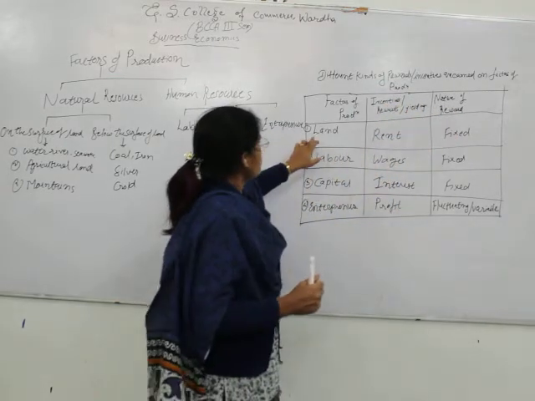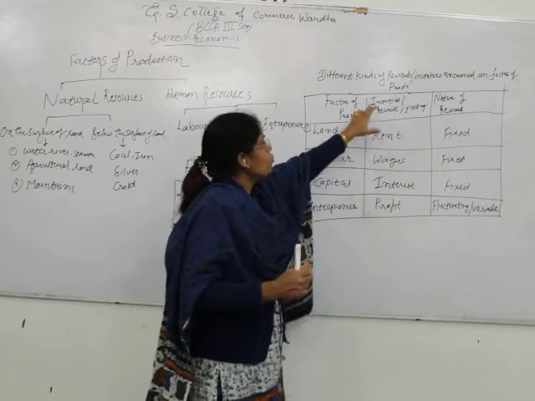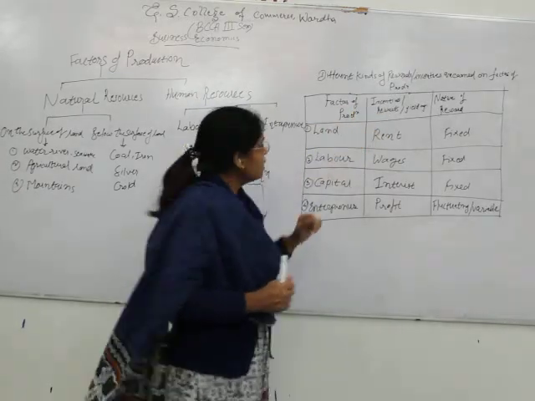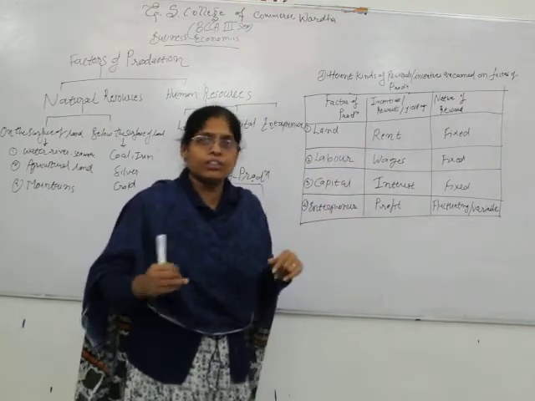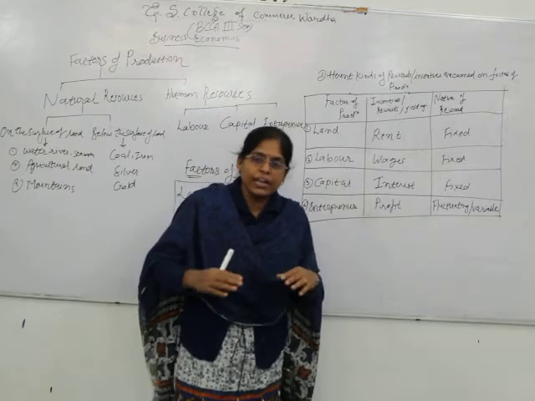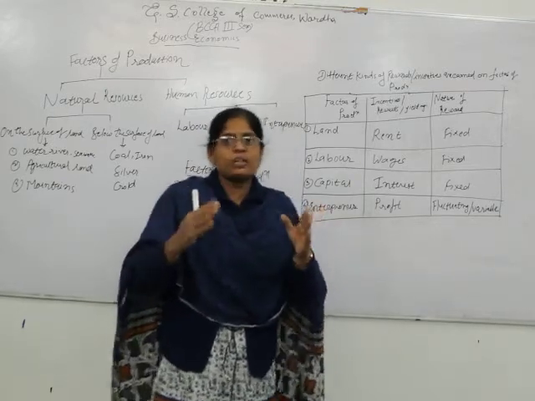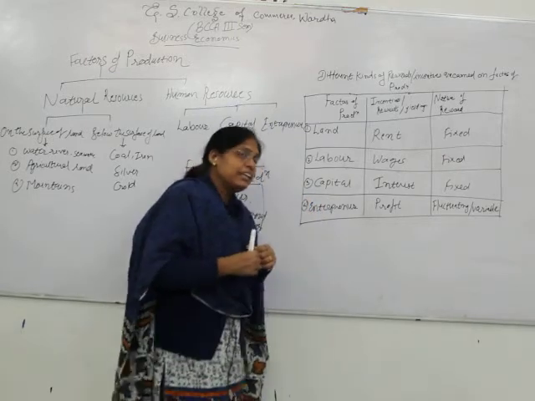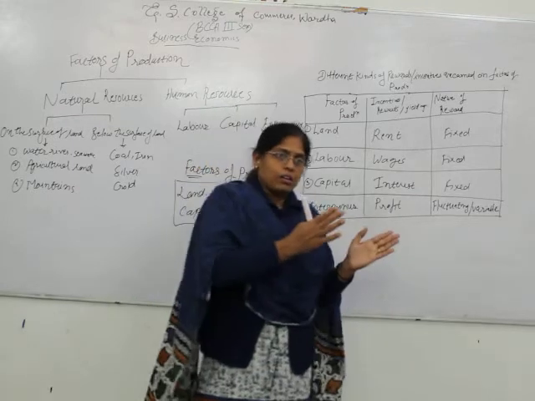So first is land. On land, what kind of reward or incentive can be earned? That is rent. If you have land available with you, and a house is built on that particular land, then that land can be used for the purpose of rent.